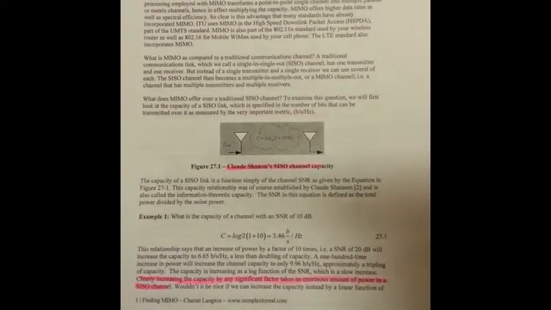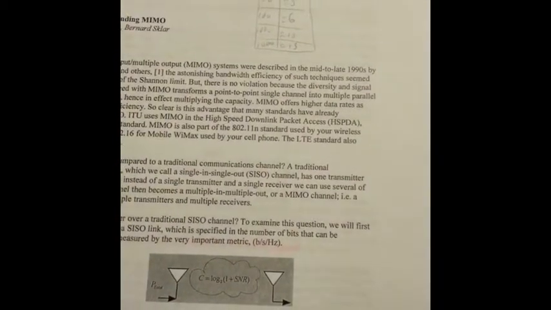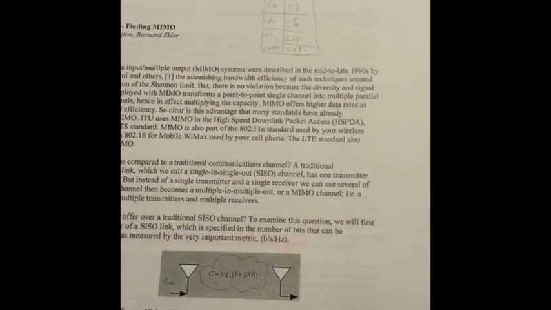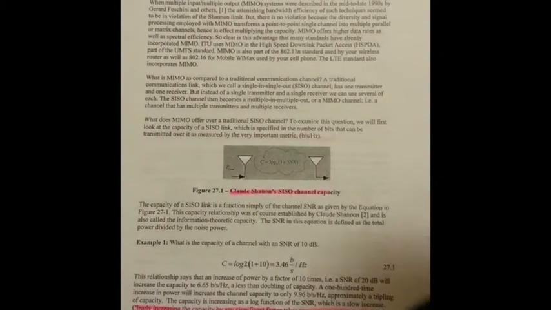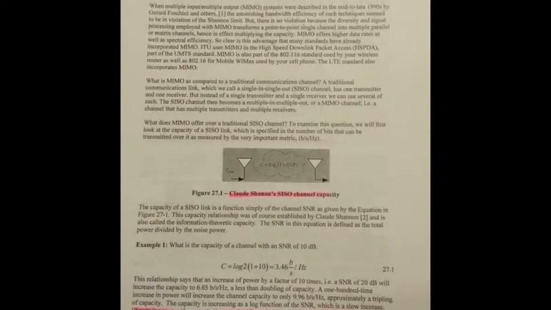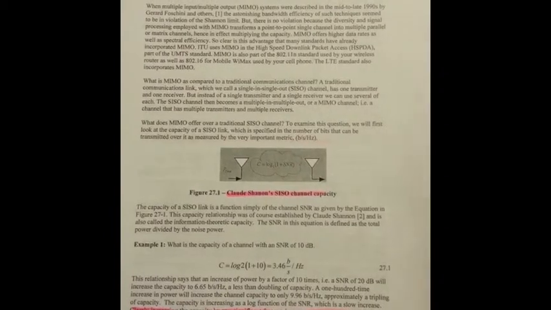We did the example in class, making this table, that you could increase your signal-to-noise ratio by a factor of 10,000, but your bits per hertz would only go up by 13. And doing this it shows that it would take so much power to actually increase your capacity that it's a little ridiculous trying to do it that way.